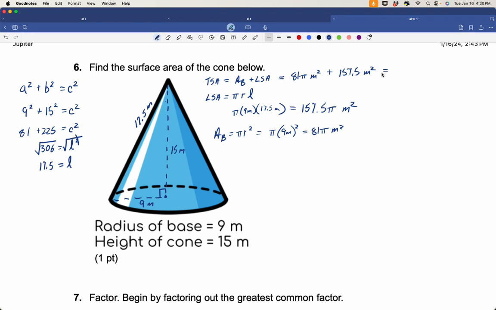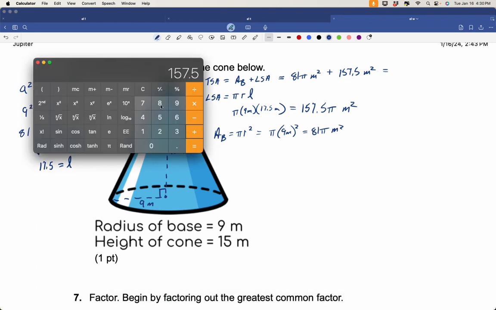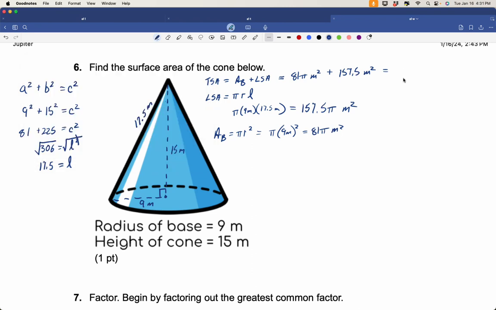When we add those two values together, we add 81 to this, we get 238.5 times pi, because they both have pi in here, and that's in meters squared. So this is the answer that I'm looking for.